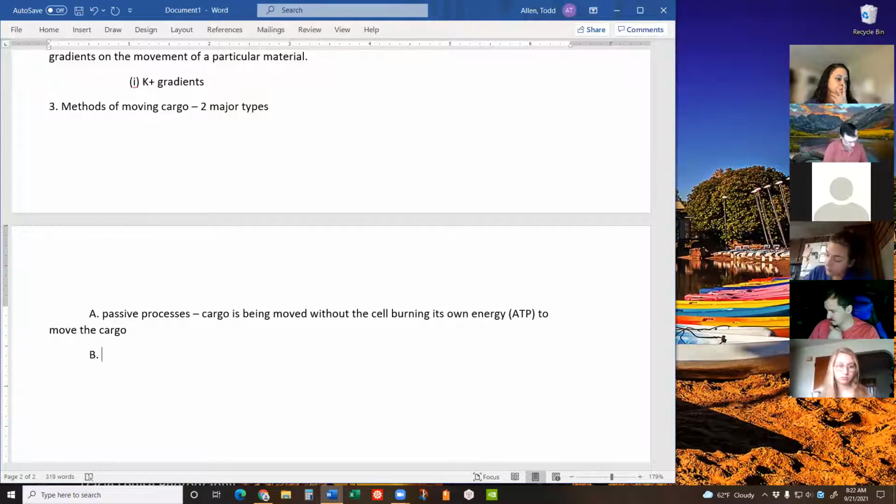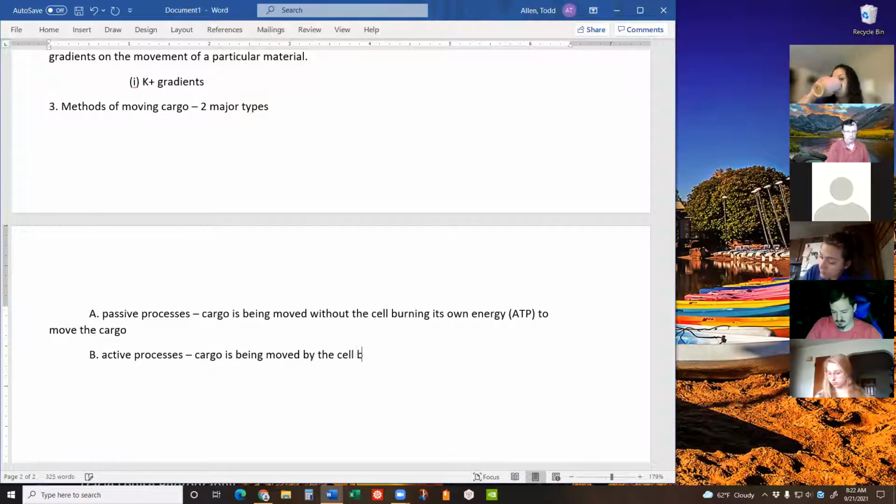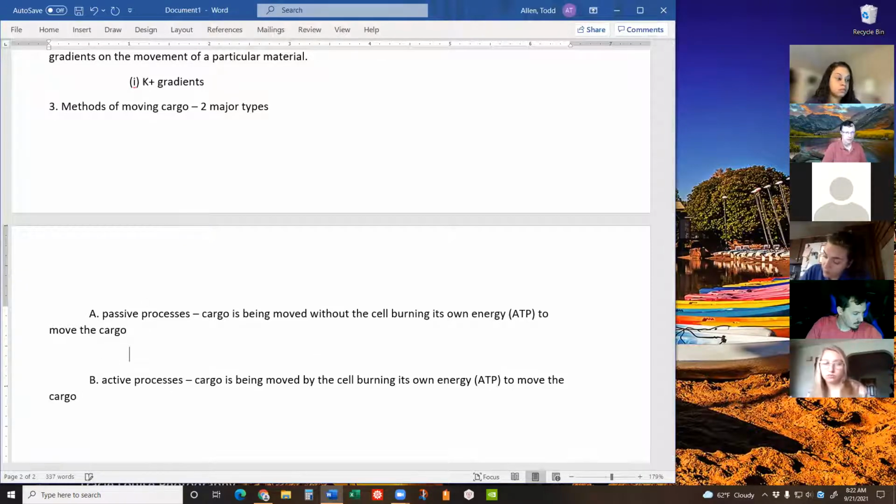We also have active processes, in which the cargo is being moved by the cell burning energy to move the cargo. Okay, so let me just get these analogies in. The passive process analogy was dropping a ball at the top of a staircase.